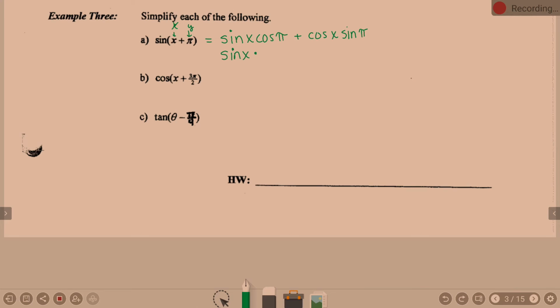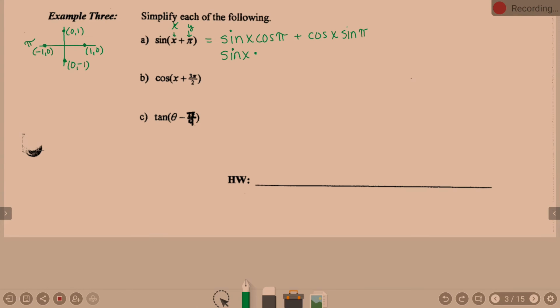So remember our quadrants, our quadrantal angles. Think about these ordered pairs, yes? When it's asking for cosine of pi, where is pi?